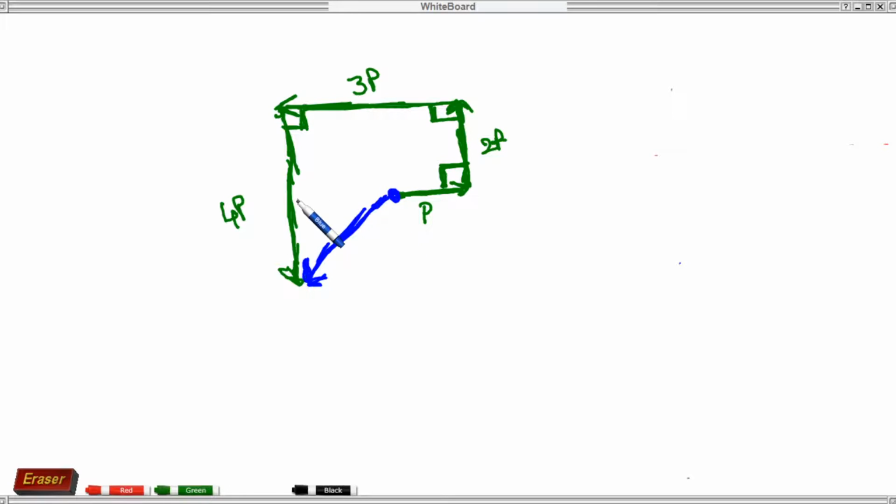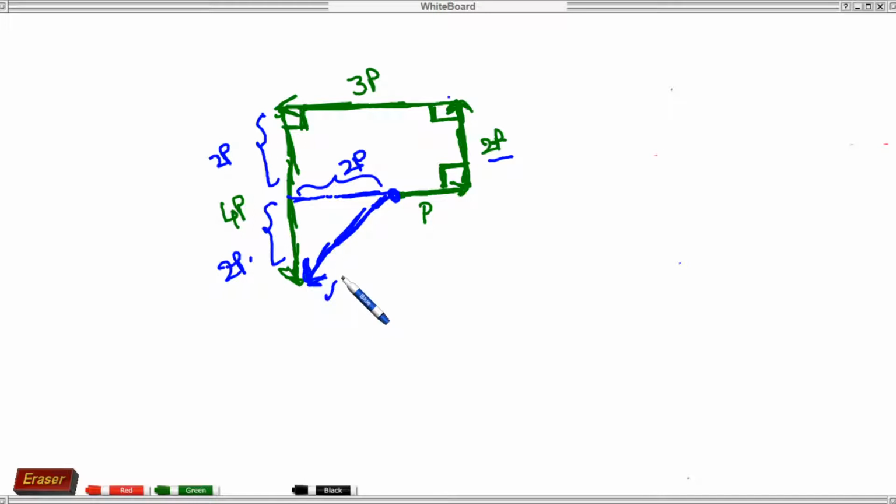So how are we going to calculate it? If this is 2p, this one is also 2p, and this one is also 2p. What will be this one? It's 3p minus p, so this one is also 2p.